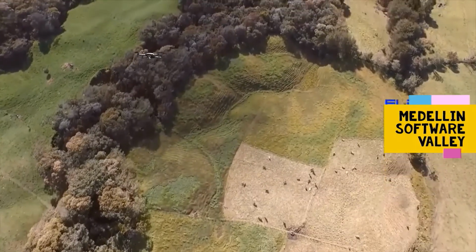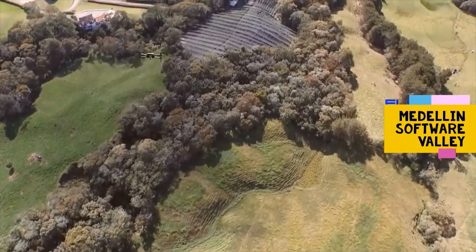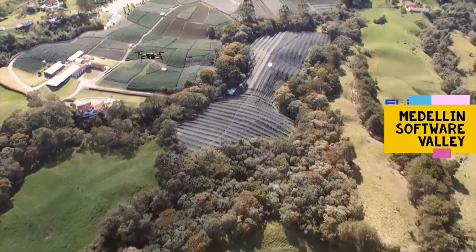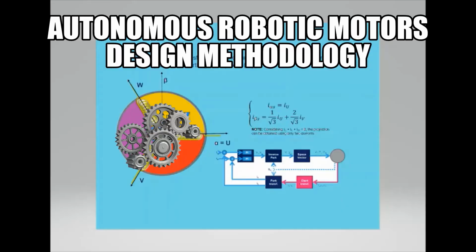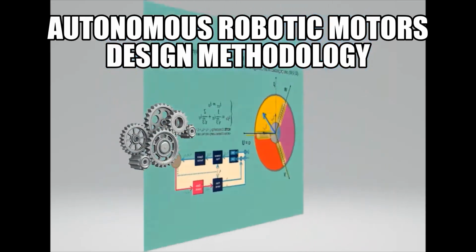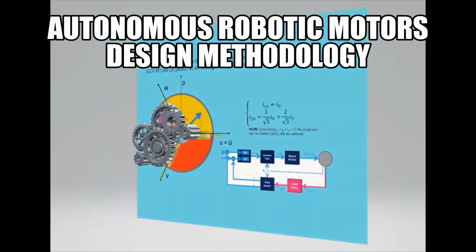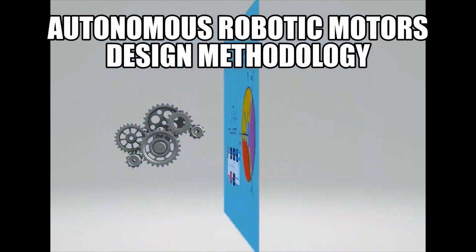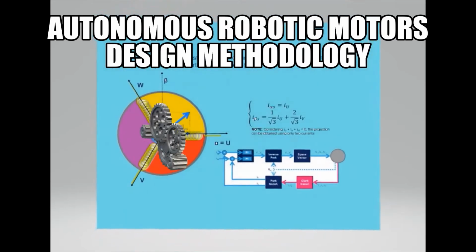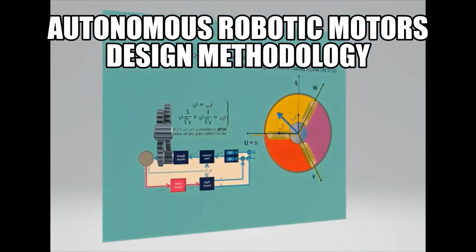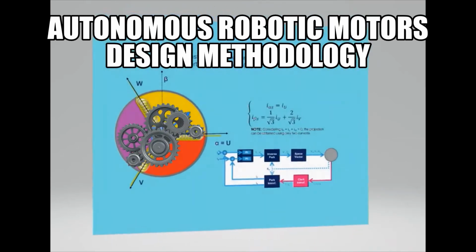So the basic principles of motor design methodology for the unmanned autonomous system is based on the electric motor operation with the following points of interest.